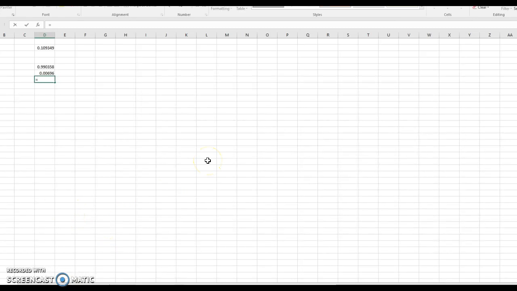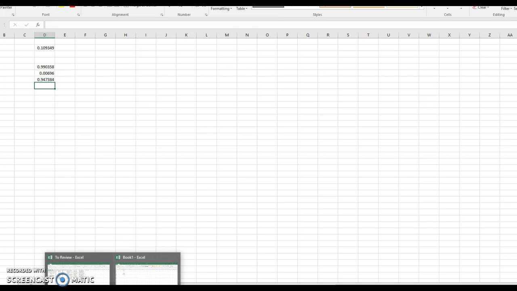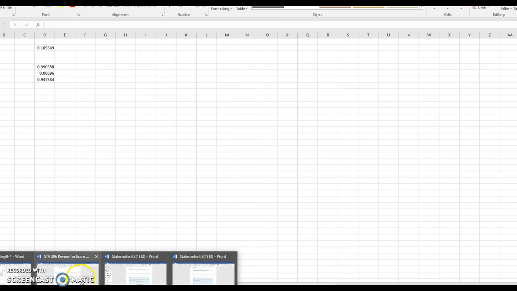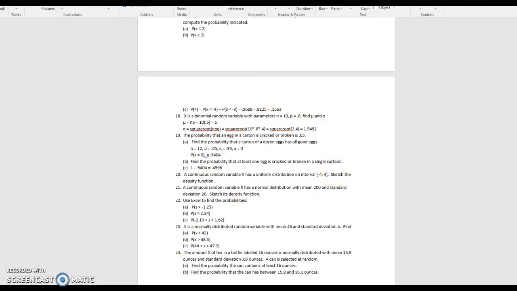So equal NORM, oops, wrong one. 1.62, true. And then my second one, and I do think I'm going to run out of time, but we will try real fast. Negative 2.10.